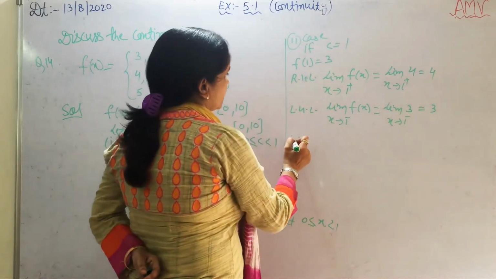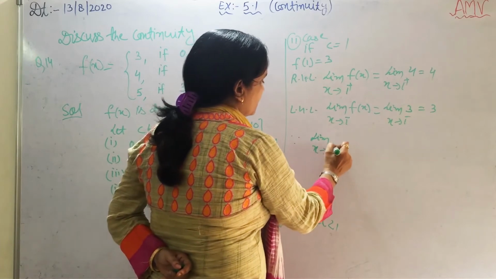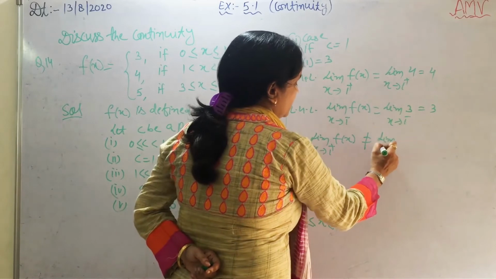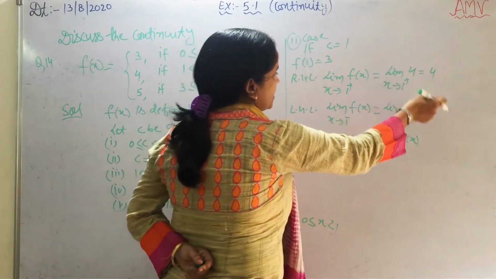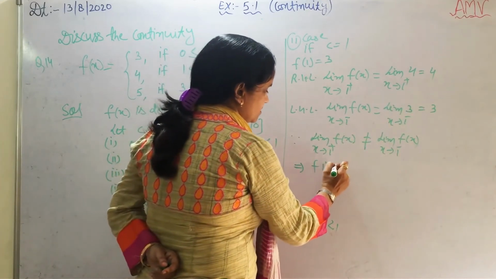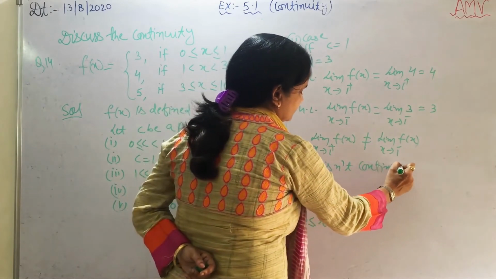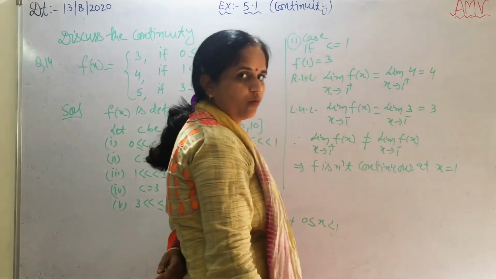Now see here limit x tends to 1 plus f(x) is not equal to limit x tends to 1 minus f(x). It's 4 and it is 3. Therefore function is not continuous at x is equal to 1.